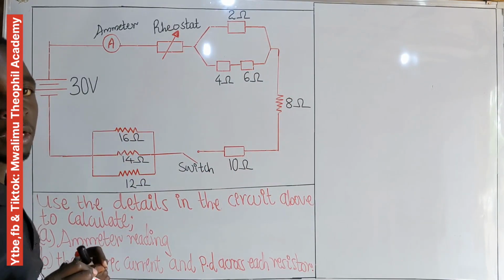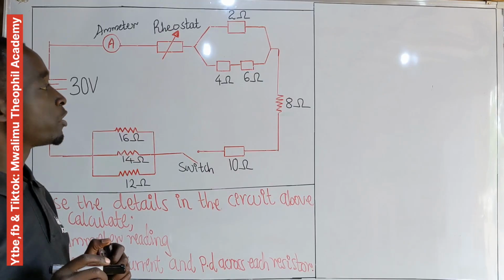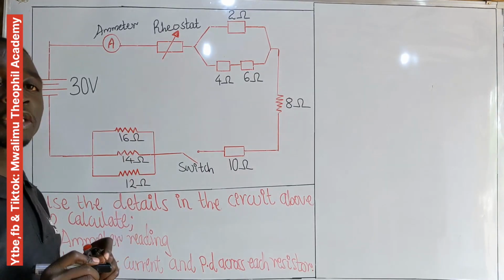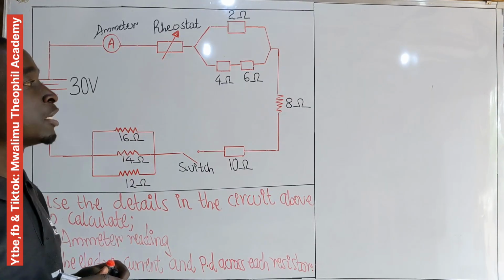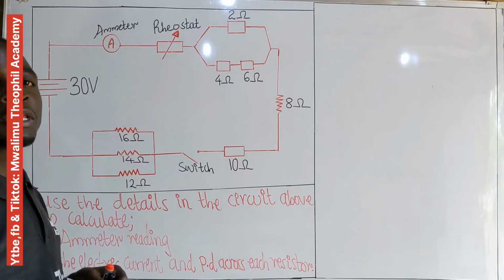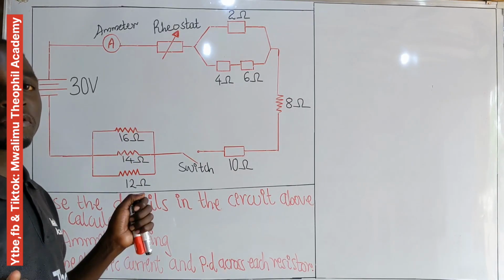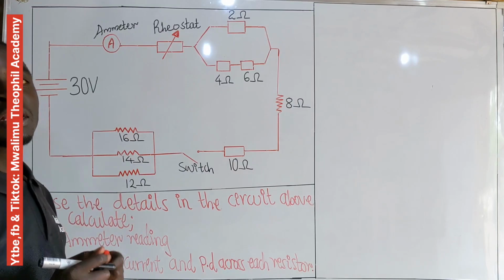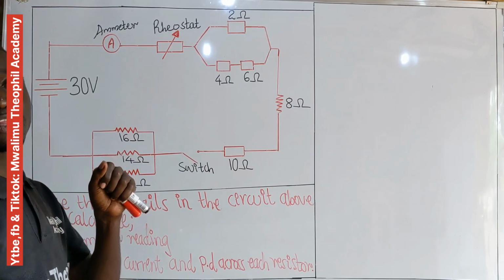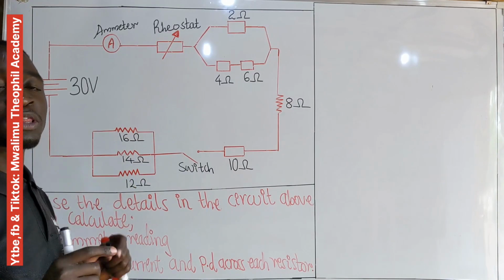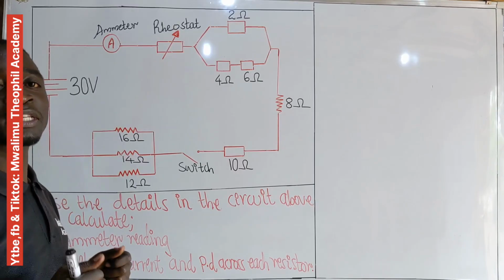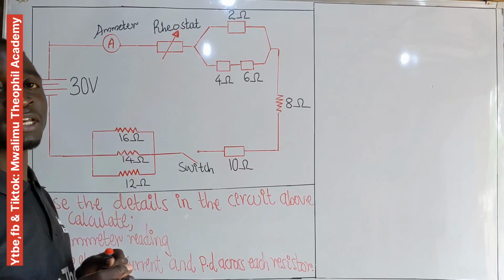Something to note is that when you are dealing with dividing potential difference and electric current in the resistors of a given circuit, you have to first combine all of those resistors which are in parallel, so that you get a single resistor representing all the resistors in parallel.